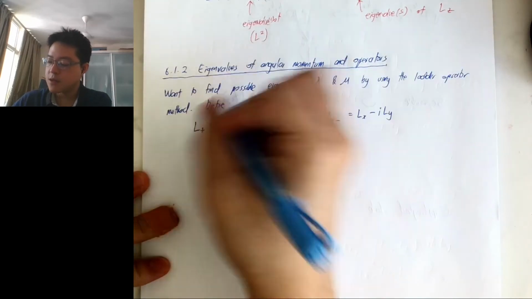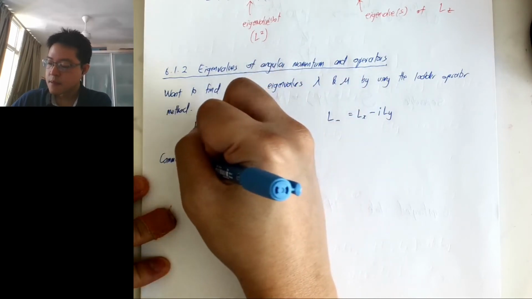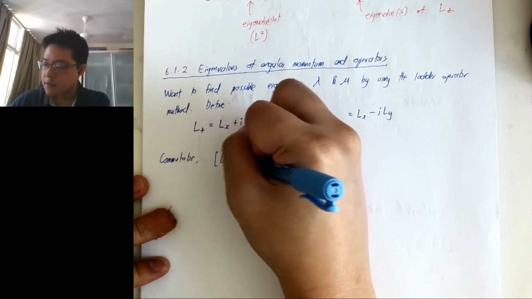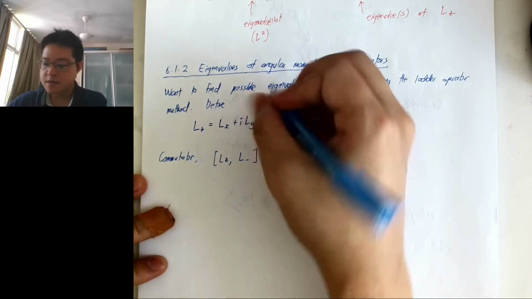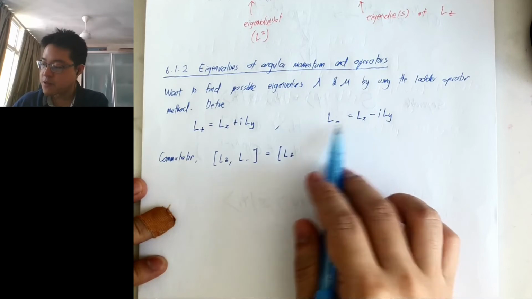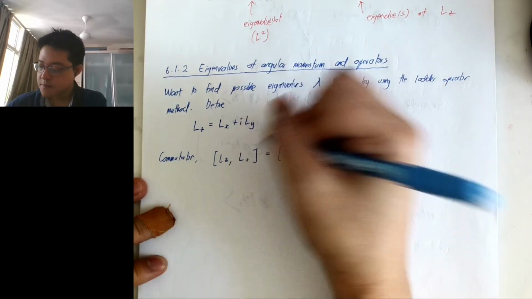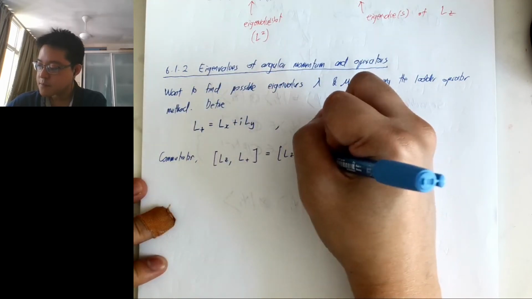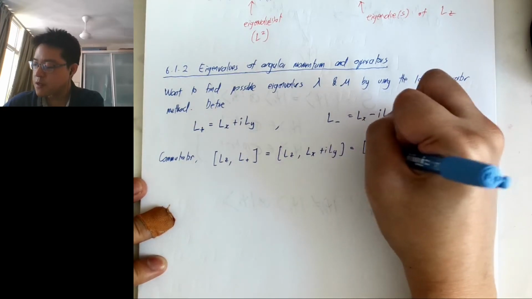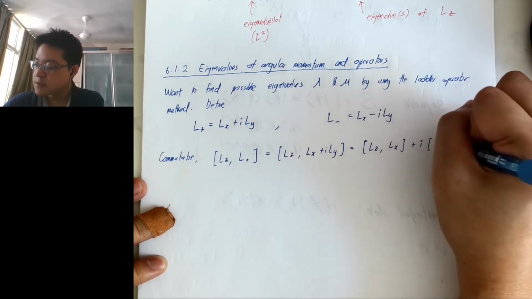So let's check what the commutators are. Let us see how they commute with Lz. So Lz commutator with L minus gives what? L minus is defined to be this, right? Let's do plus. This is actually very simple since we already have all the commutation relations. This is Lz commutator with Lx plus i Lz commutator with Ly.